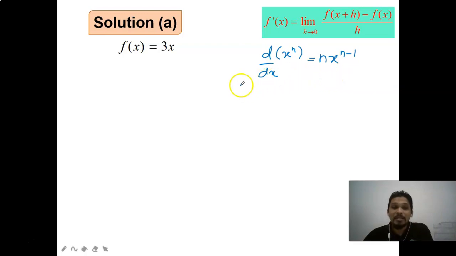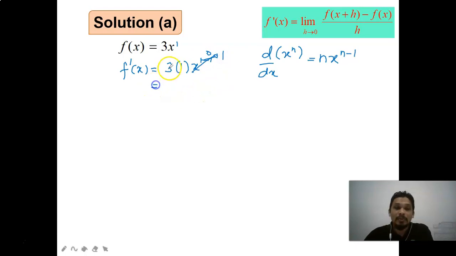Okay, so maybe for this question f prime equal to 3, this is 1 here, so then times x to the power of 1 minus 1, 1 minus 1 equal to 0, so x to the power of 0 equal to 1.